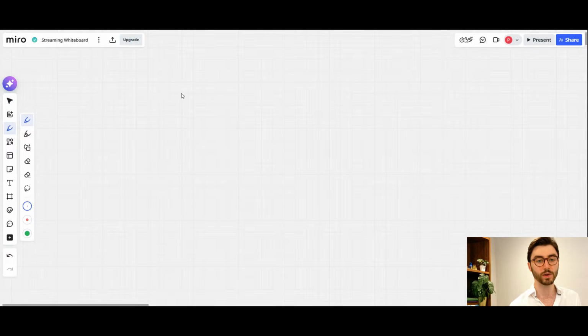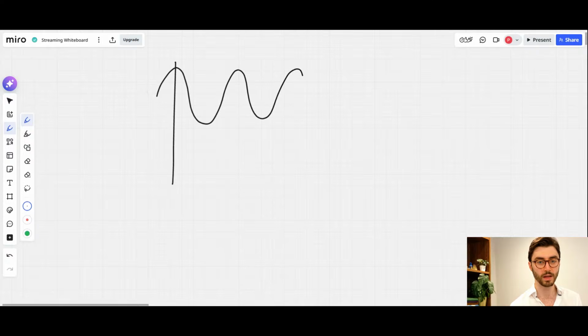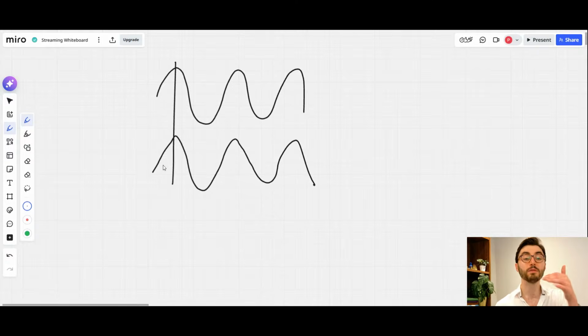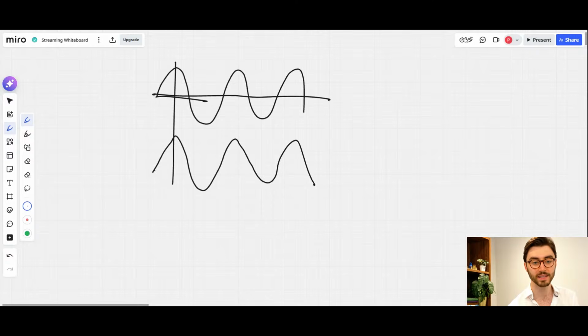So if we have a point in space where there's one wave at its maximum amplitude at that point, and another wave also at its maximum amplitude at that point, the individual displacements will be added together.